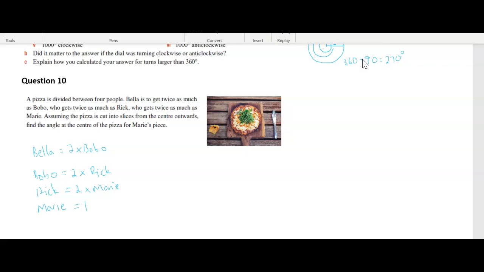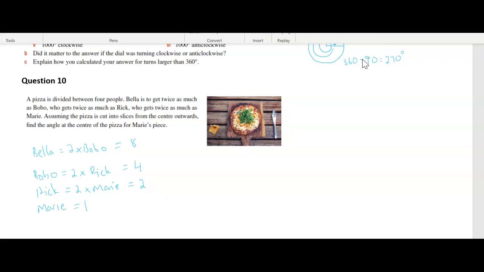If Marie gets 1, that means Rick gets 2. Bobo gets twice as much as Rick, so Bobo gets 4 slices. And then Bella gets twice as many as Bobo, so she gets 8 slices.